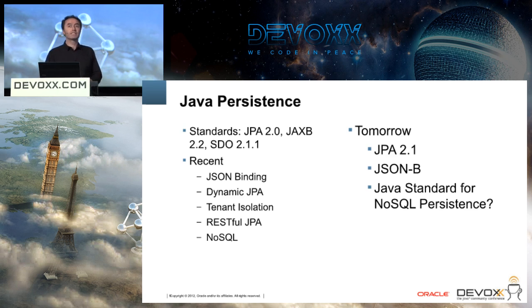Recently there's been some work we've been doing in EclipseLink, and I'll talk about these things in this talk. JSON binding. JSON's very big. We happen to know a lot about XML binding, so maybe we can do something in that space. Dynamic JPA, the idea that you may want to get access to relational data, use Java, but not actually have Java classes written up front.